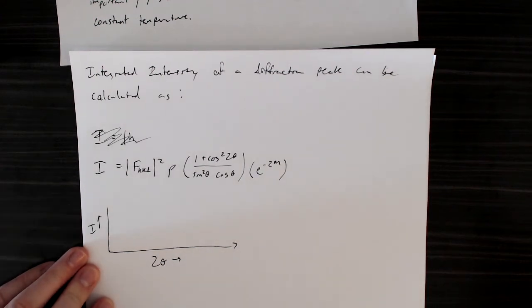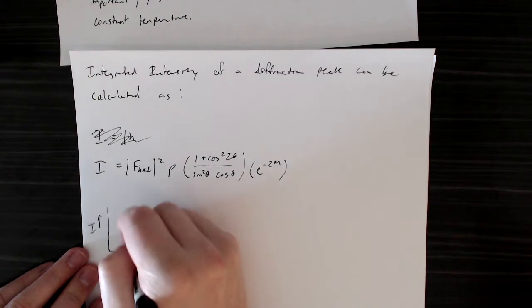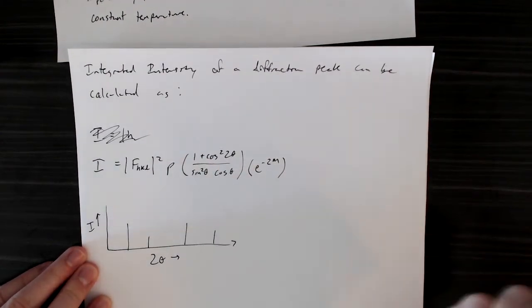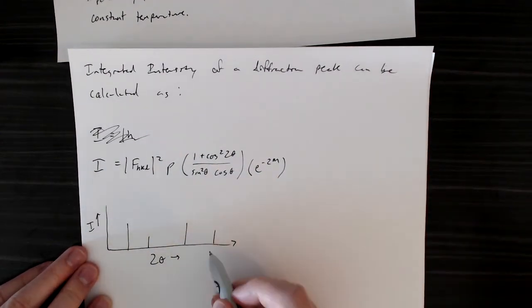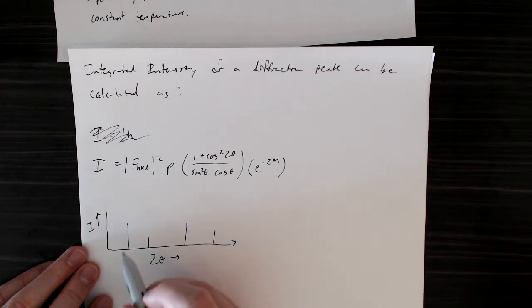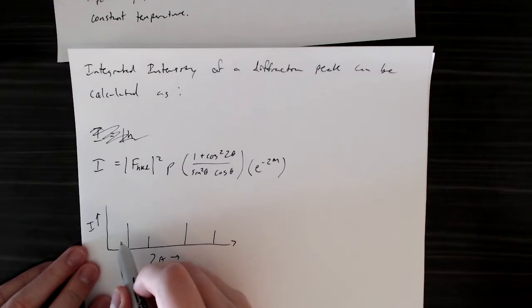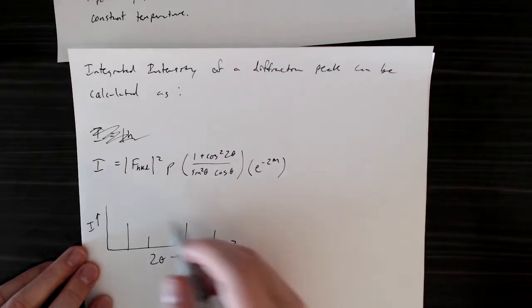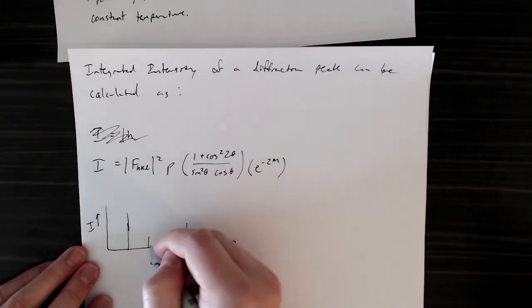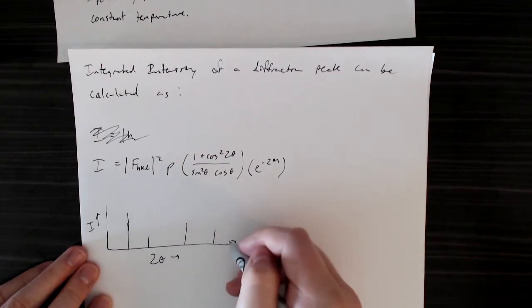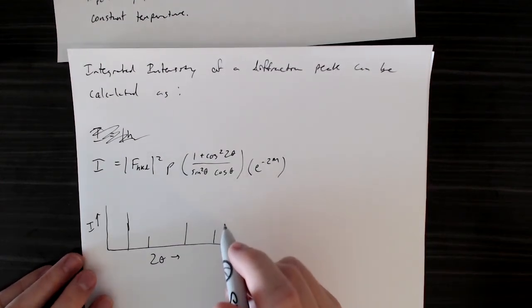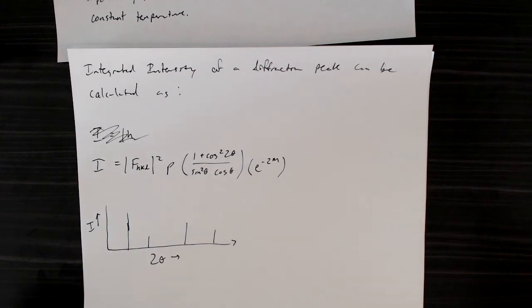We can determine the angles of the diffraction peaks using Bragg's law and the allowable S values for BCC, but we don't know about the relative intensities. This expression applied to each of these peaks would allow us to figure out what these relative integrated intensities would be. That's the power of this expression for a single phase.